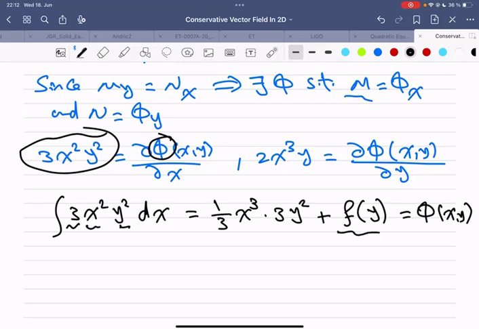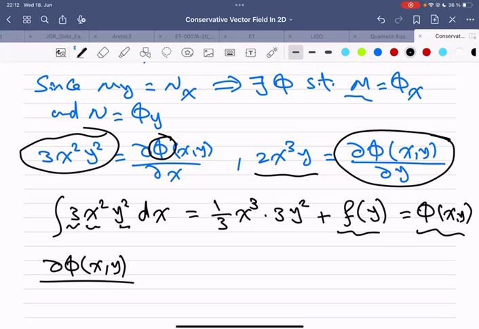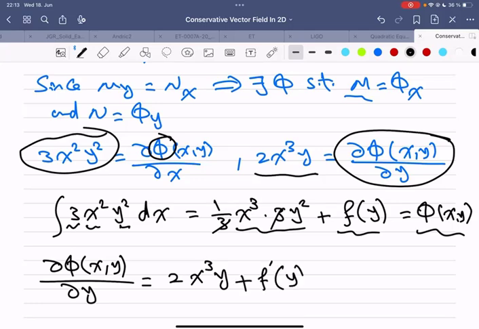How can we find f(y)? To find f(y), we can differentiate this function according to y. So we will get this term. So d phi by dy equals, when you differentiate this according to y, 2x to the power 3 y plus f dash y.